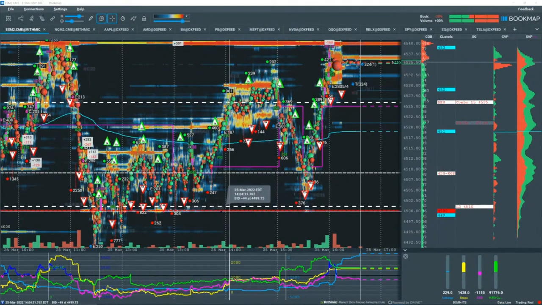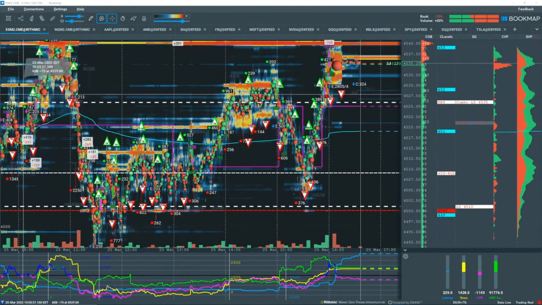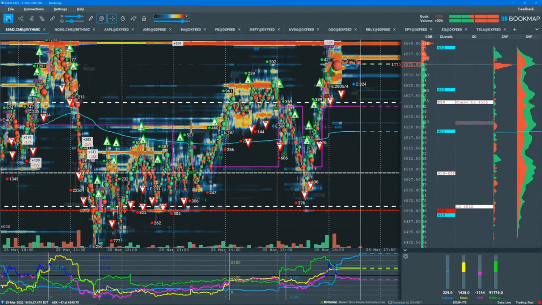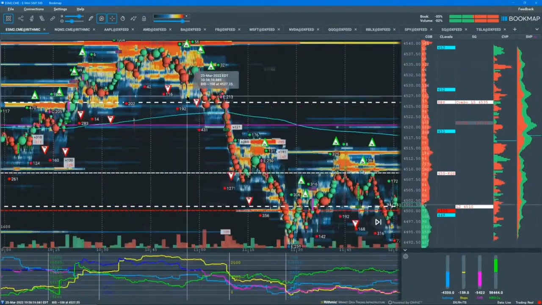The first is Bookmap Hero, and that is shown in the green line in my subchart here. So what Bruce is referring to is this move right here. We'll take a look at just this section of ES.